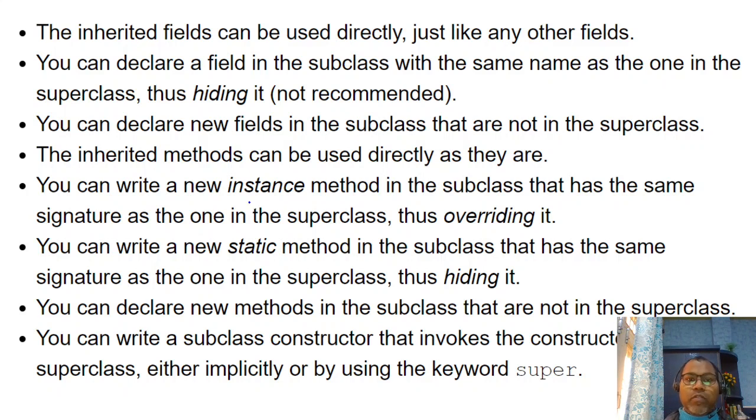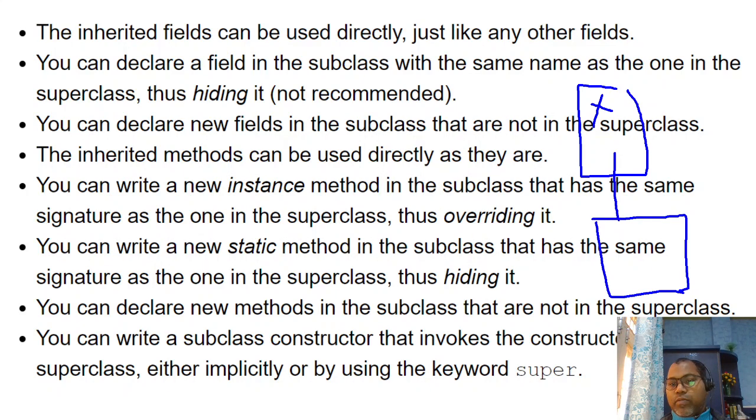Okay, if you are going to inherit, please be aware that private data members are not inherited inside your subclass. You can define the same variable in the subclass as in your superclass, known as hiding. This is not recommended. You can define the same instance method in the subclass as in the superclass.